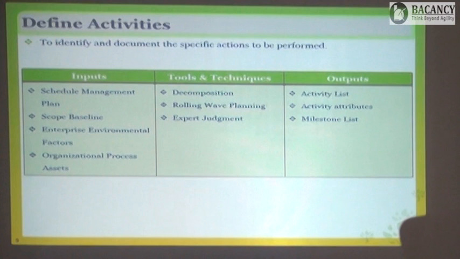Activity list. Activity attributes. You remember WBS attributes? What were those attributes? Characteristics of that deliverable. Okay. So we said the guest wants tangy soup, not sweet. How can you make it tangy? So when you are going to buy tomatoes, do not buy those red tomatoes. Buy the green tomatoes, because they are slightly tangier in taste.